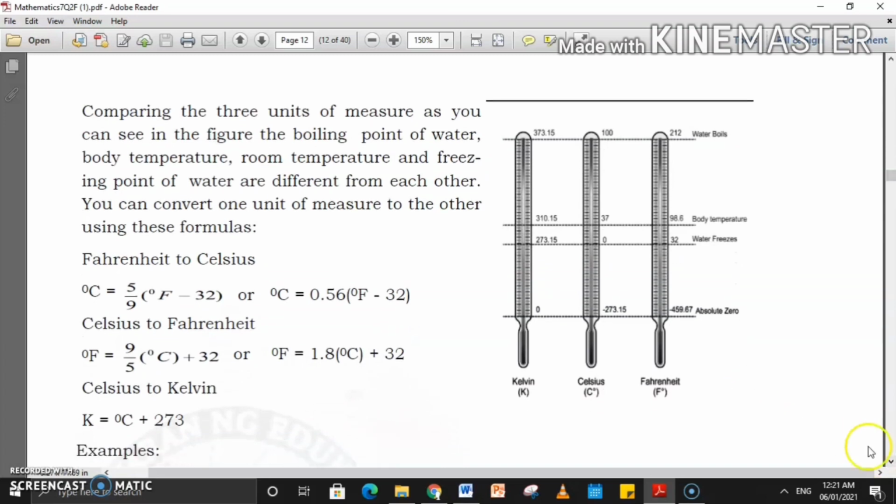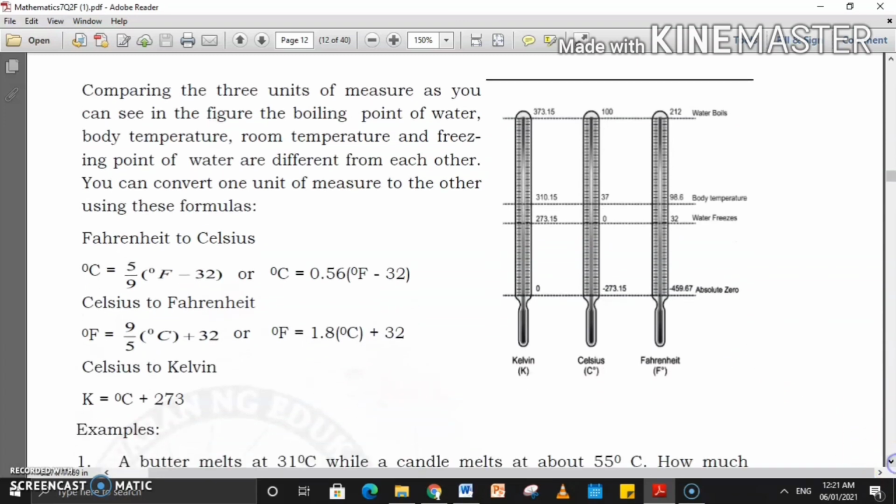We all know that we can convert one unit of measure to another unit of measure. Kung kanina, meron tayong conversion table. Ngayon naman, sa temperature, meron tayong given formula. So, kapag ang given sa'yo ay Fahrenheit to Celsius, Celsius yung hinahanap, our formula is degree Celsius is equal to 5/9 multiplied by degree Fahrenheit minus 32. So, lagi po yung 32. That is constant.